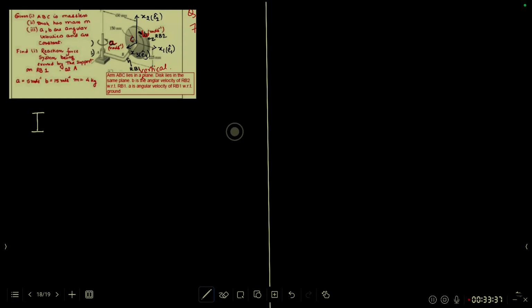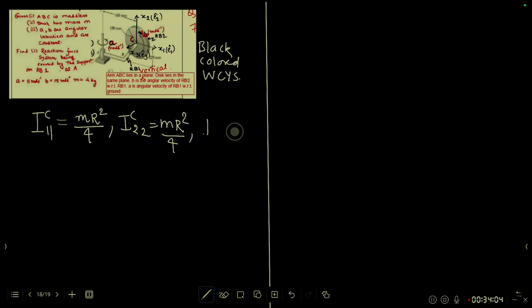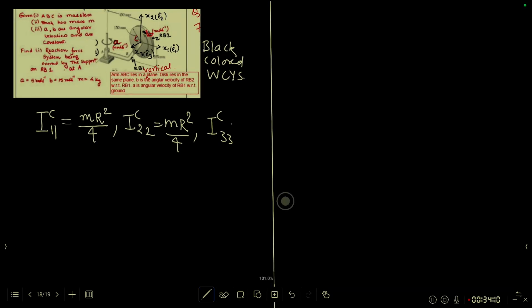I_C11 is mr square by 4, I_C22 is mr square by 4, I_C33 is mr square by 2. I derived this in lecture 27-28, thin disk.